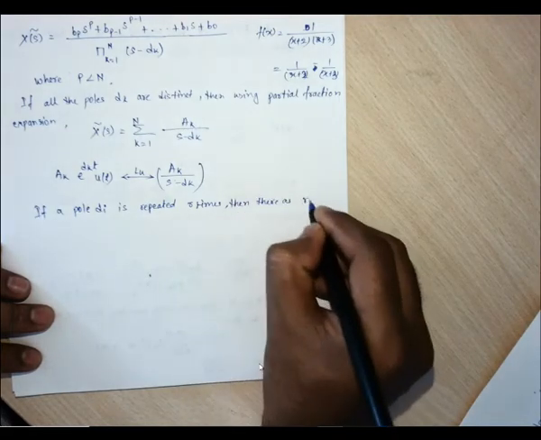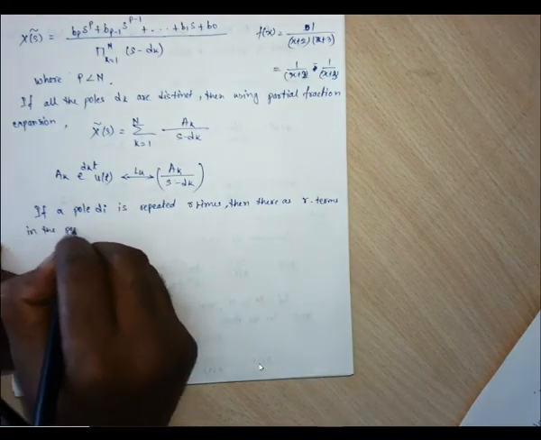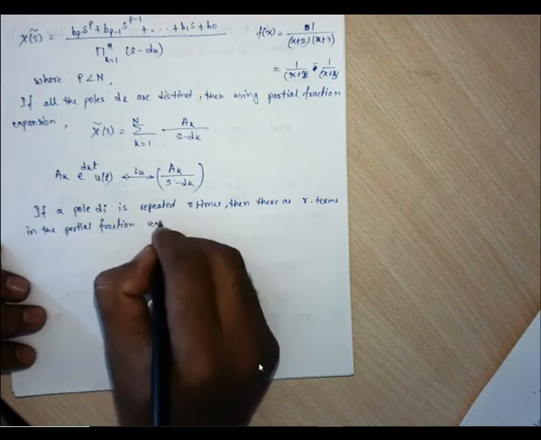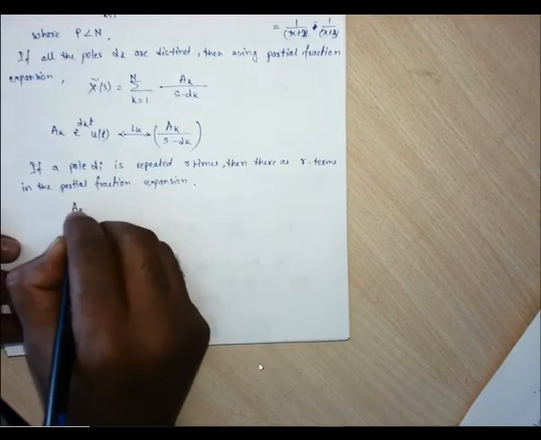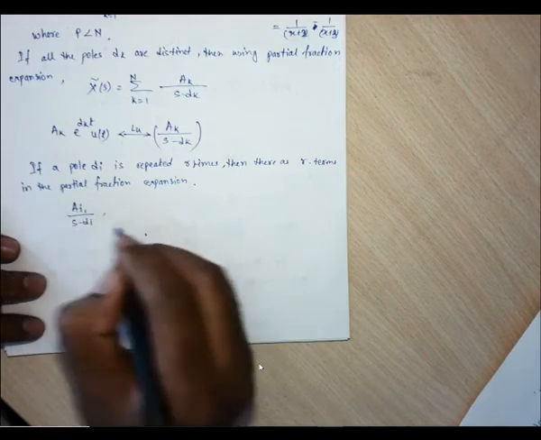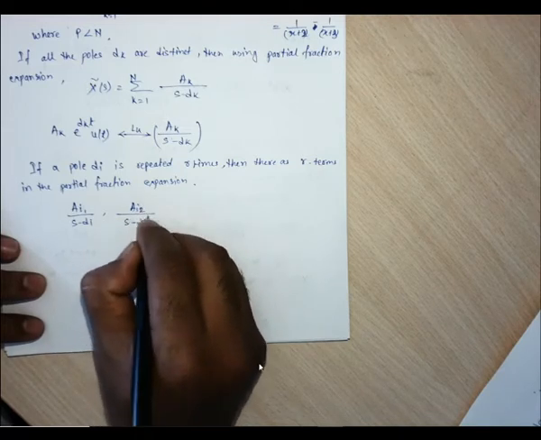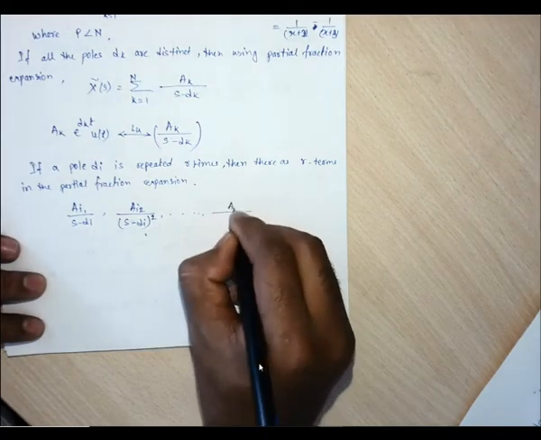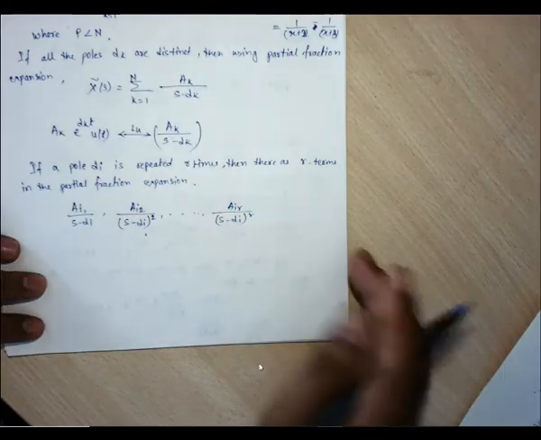How will these terms be there? Like this: ai1 by s minus di, then ai2 by s minus di square, like this, up to air by s minus di whole to the power r.